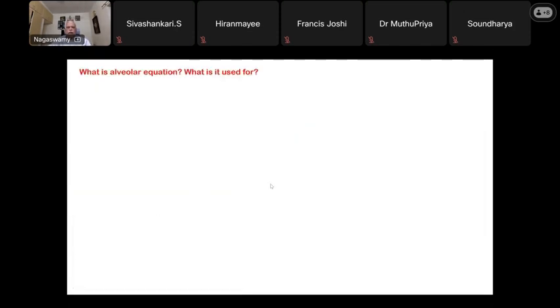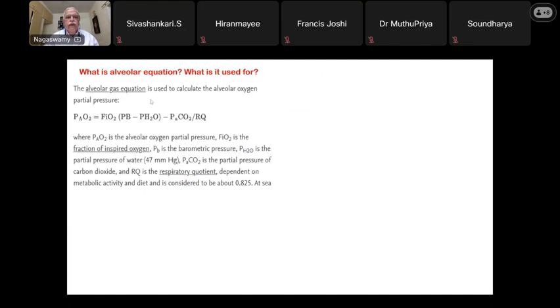Now comes another gray area: the alveolar equation, and what is it used for? Any idea what the alveolar equation is? This is another question that is repeatedly asked in theory exams. The alveolar gas equation is used to calculate the alveolar oxygen partial pressure.